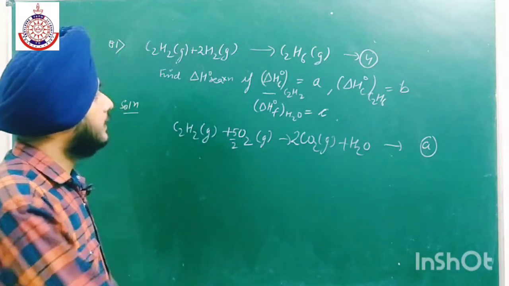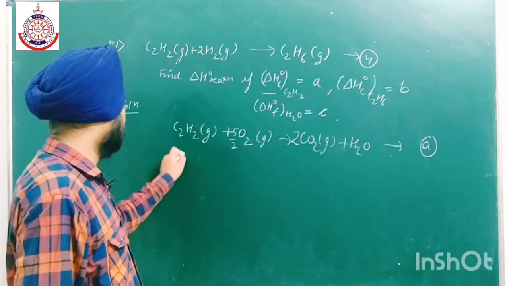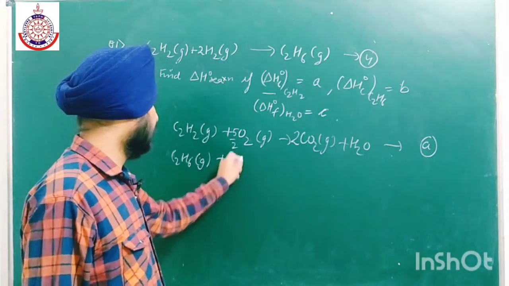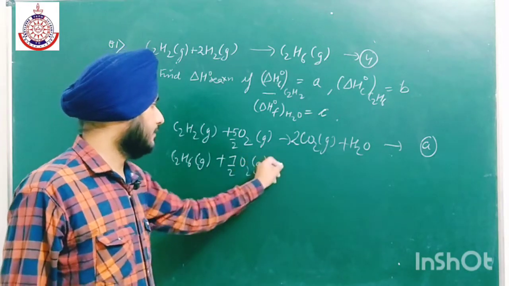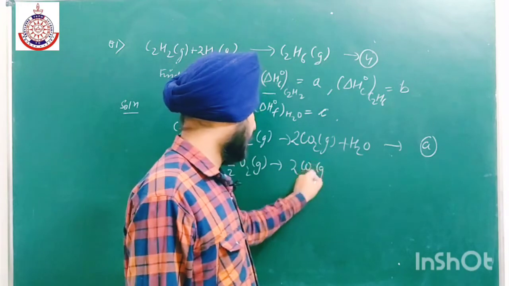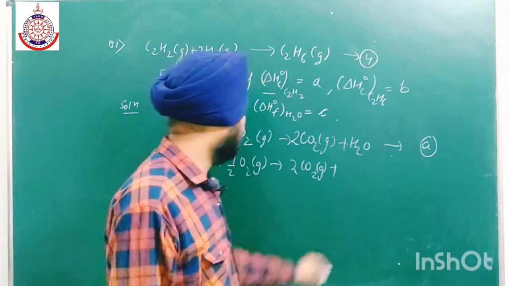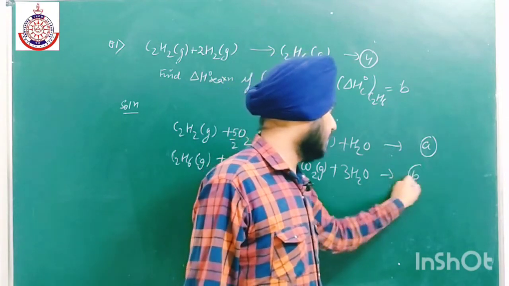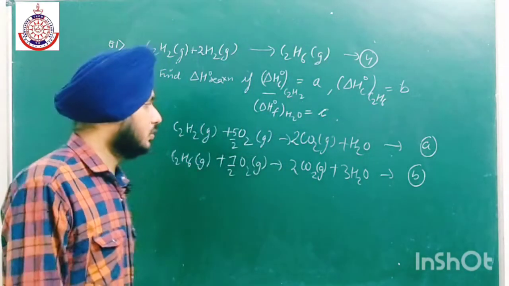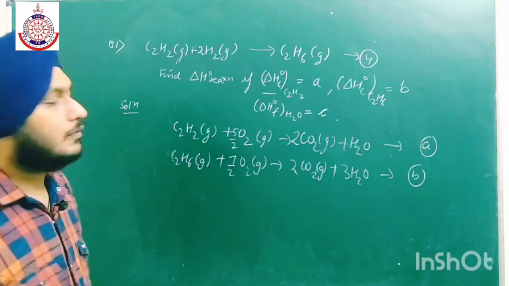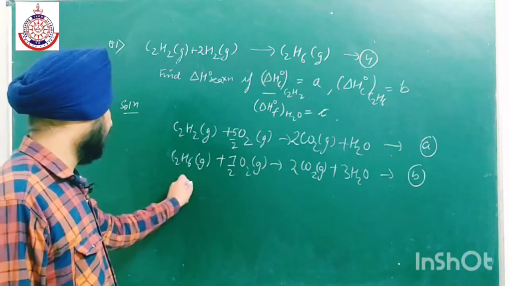Now the second reaction is C2H6 gas plus 7 by 2 O2 gas gives 2 CO2 gas plus 3H2O. For this we have B as the delta H naught C. And for formation of water we have H2 plus 1/2 O2 giving water.